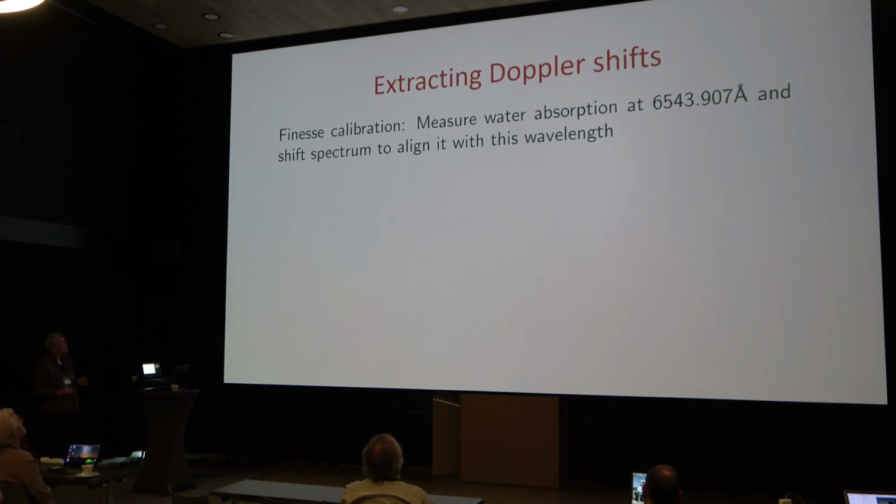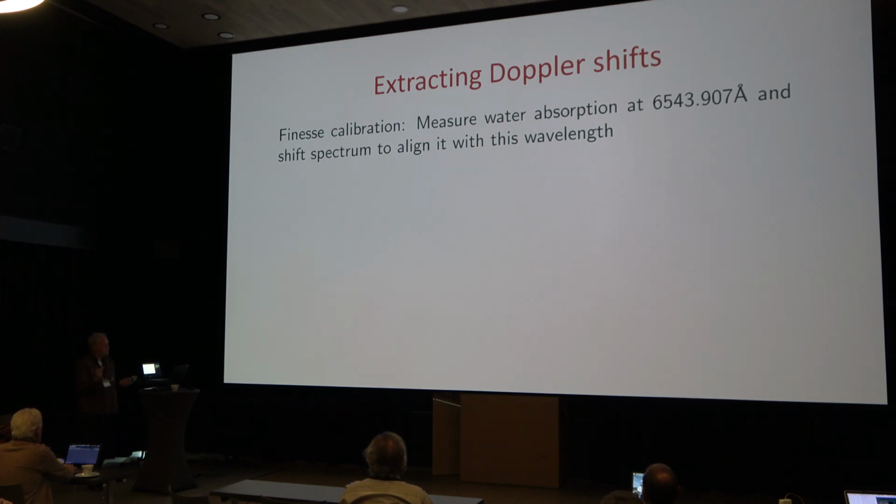So extracting Doppler shifts, I guess you all know about this, but let's just work through it. And in particular, here, I finessed the calibration by using those water absorption lines, because there's plenty of them around the H-alpha. So I chose the one that was reasonably well defined and nearest to H-alpha, and I shifted all the spectra so that they all aligned with that reference. The shifts were very small, but I'm trying to wring the last little bit of accuracy here.